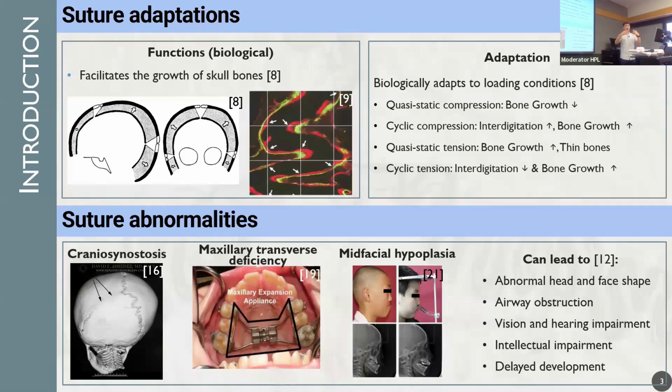Even on the global level, even if it's compression on the macro scale, because of all these interdigitations and the suture orientation, it could transform into tension. So in my case, it's really difficult to directly place my results among these. The only thing I can say is, based on my results, the strain gradient, not the strain itself, is driving, or at least is highly connected to, the bone growth.